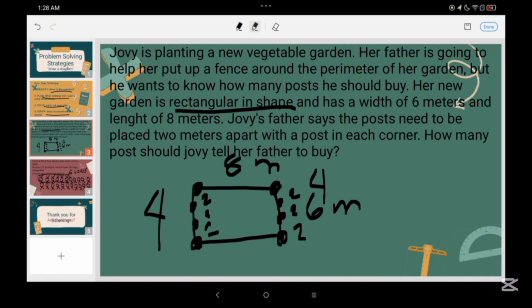Let's figure out how many posts we need on the length. We need posts here 2 meters apart. Here 2 meters apart. 2 meters apart. 2 meters apart. On the other side, same thing.